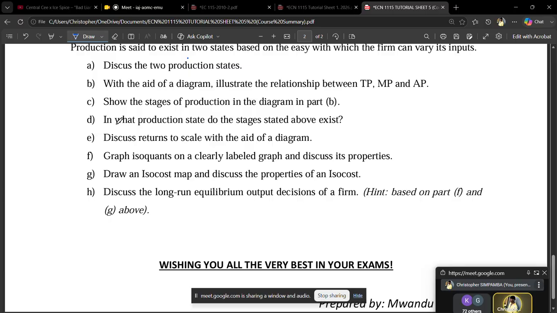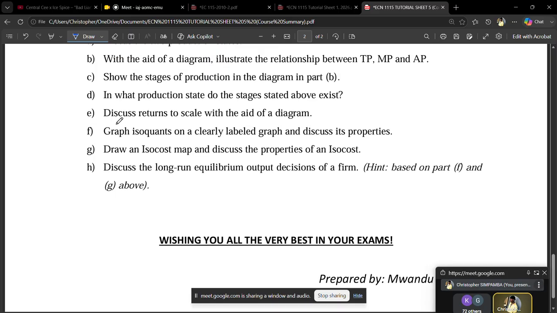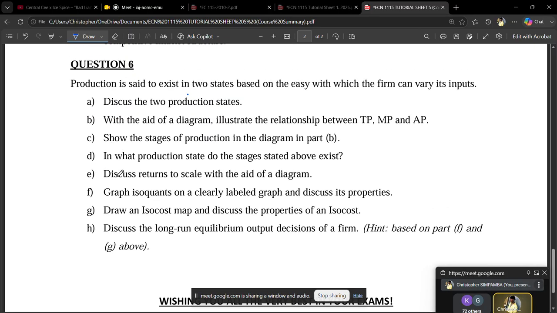So that's what we meant. So we don't use those there. Now, for example, question E was saying discuss the returns to scale with the aid of the graph.